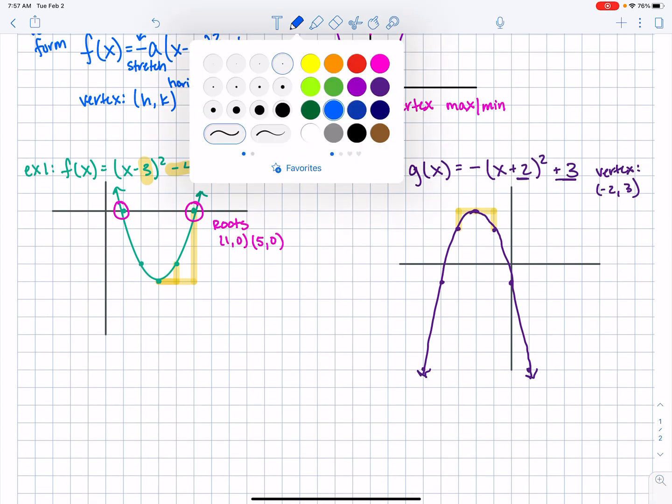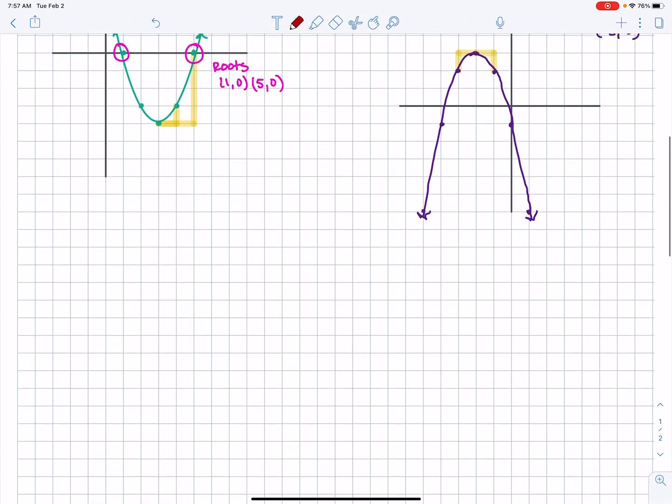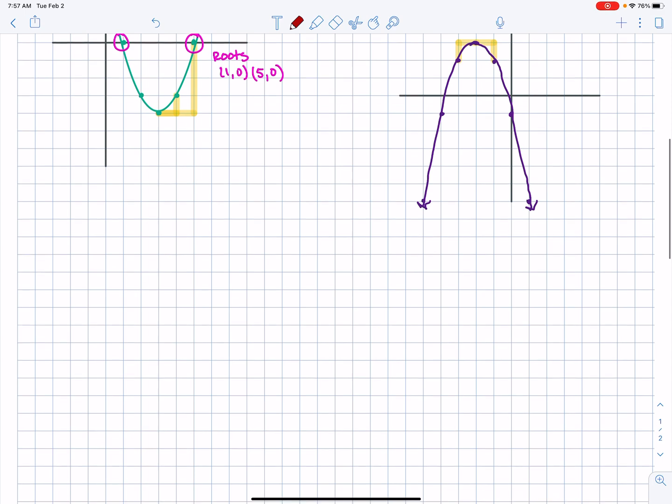All right, so I need to scroll down. Hopefully you are looking at your notes, and we're looking at example 3 here. For example 3, we're going to do h of x is equal to 2 times (x plus 1) squared.